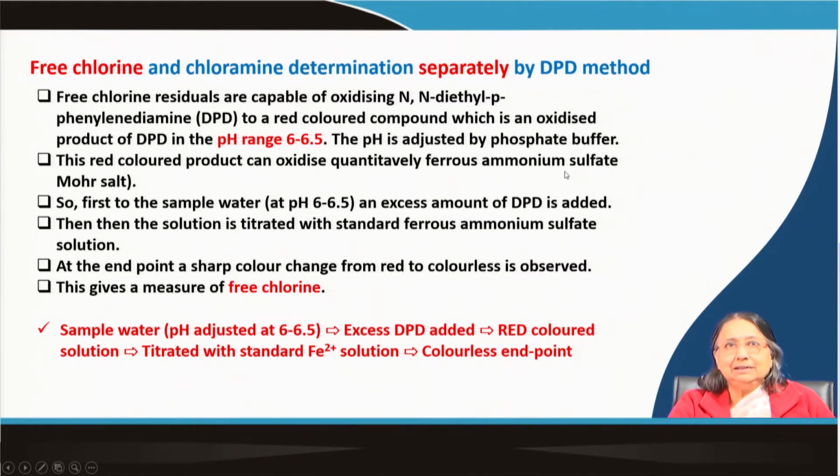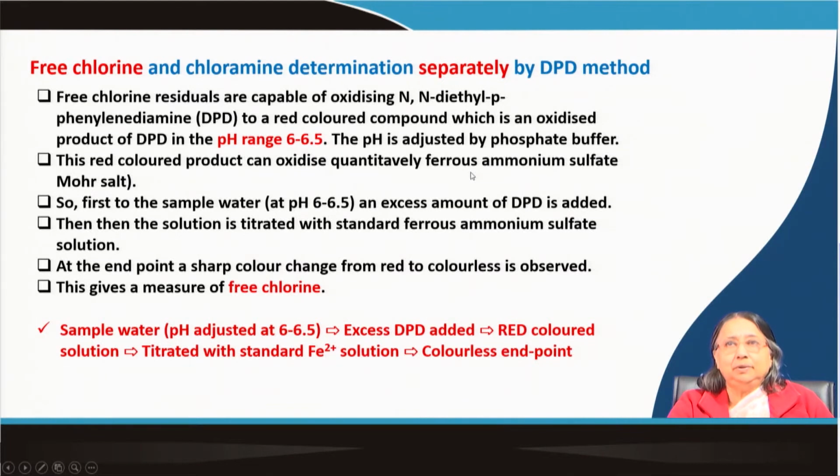So it is oxidized. Or rather, you can say that ferrous ammonium sulphate can reduce this DPD oxidized product, that is the red colored product. Okay. And ferrous ammonium sulphate is a primary standard.